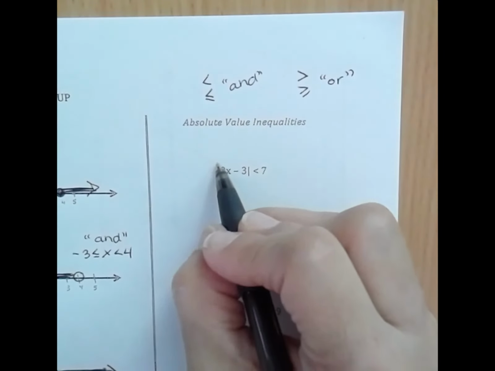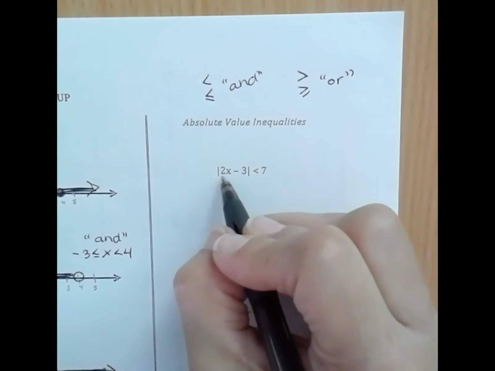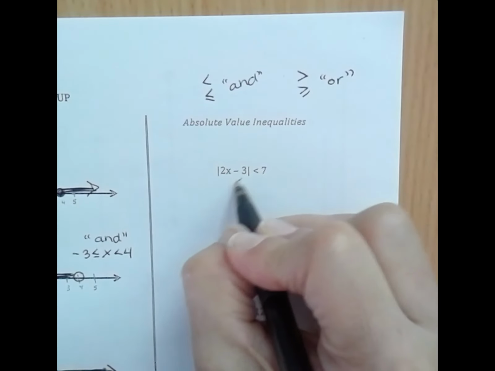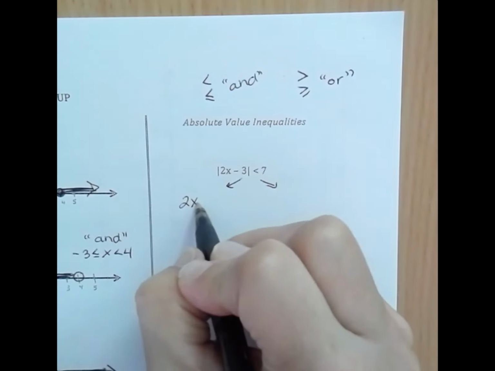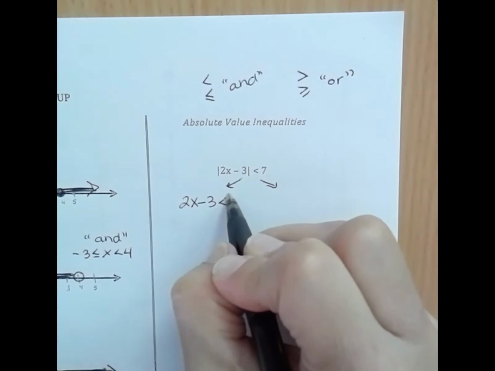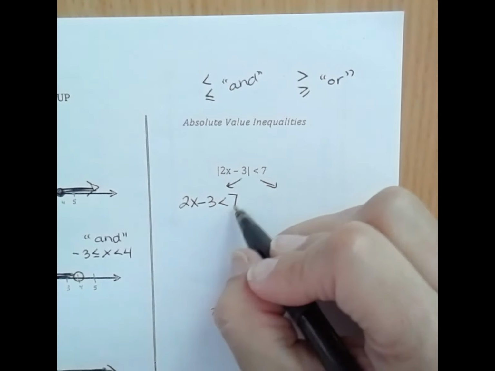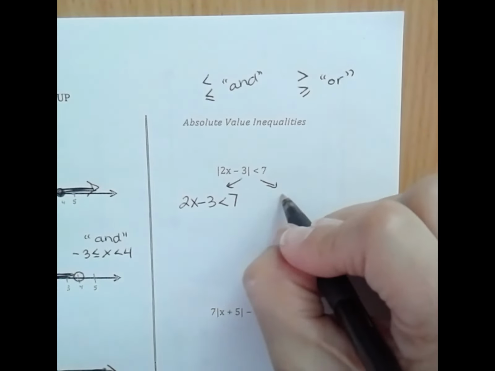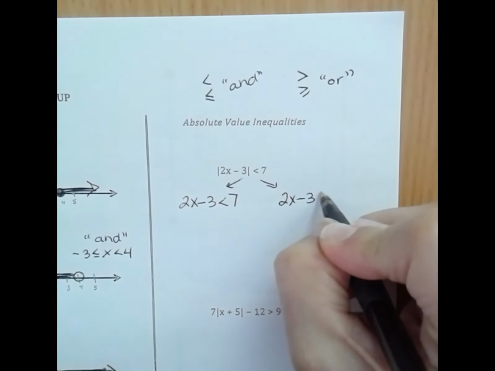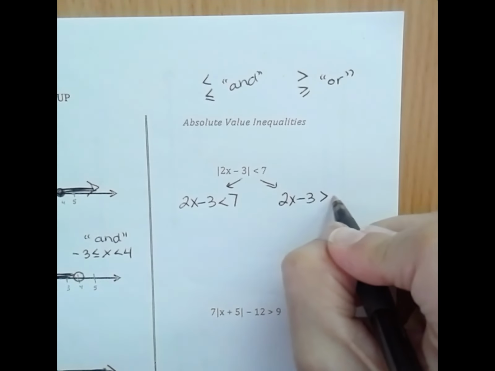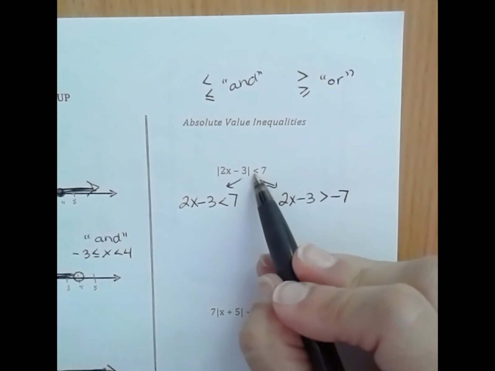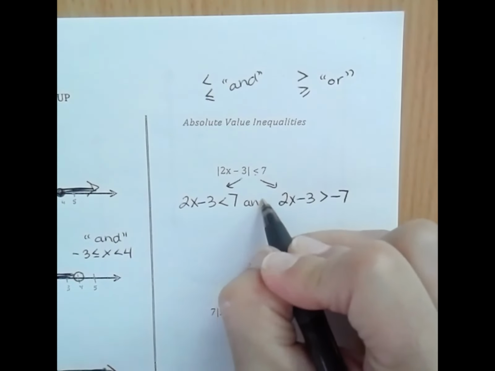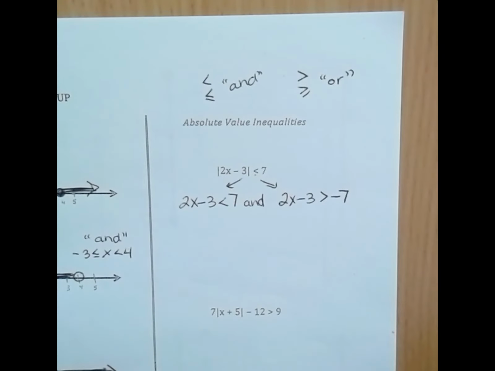All right, when you have absolute value, remember, we want to get the absolute value by itself, and then we're going to split it into two inequalities. The first one is written exactly the same, okay, without the absolute value signs. The second one, you're going to reverse the sign and take the opposite of 7. And since this is a less than, that's going to be an and.